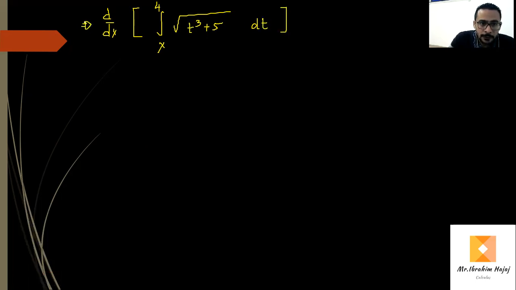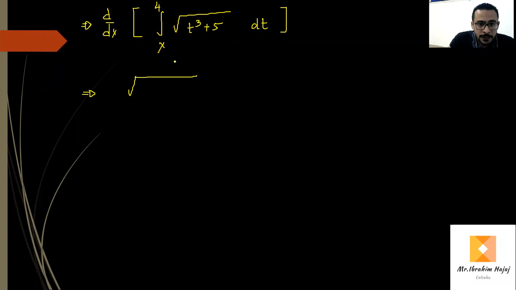The first part of the fundamental theorem of calculus states that the derivative of this integral, where one limit is constant and the other limit of integration is a variable x, you simply can replace the t by x.